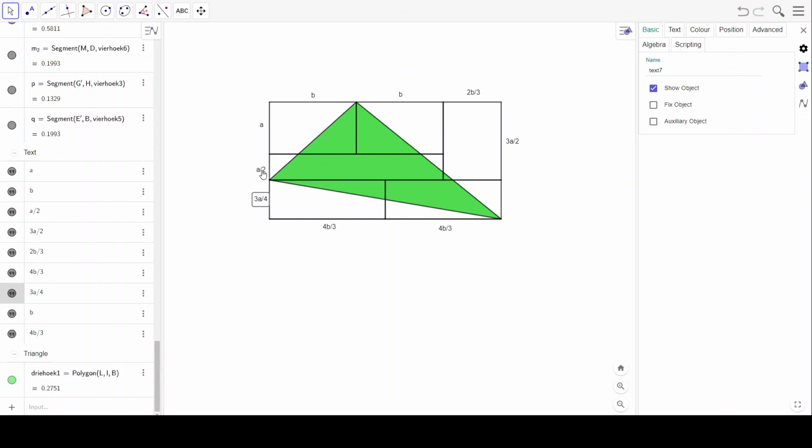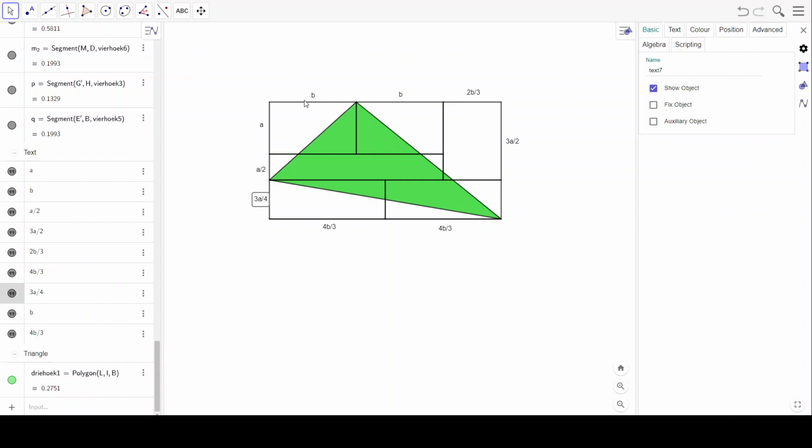So now we have all the necessary measures put in, and now the question is, what's the area of the green triangle? Well, it is wise not to calculate it directly, but to see that it leaves open from the original rectangle 3 other white triangles, and those areas can more easily be computed because they are all right triangles.